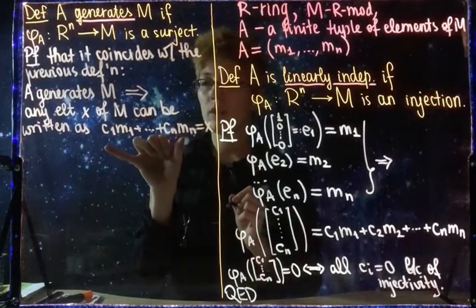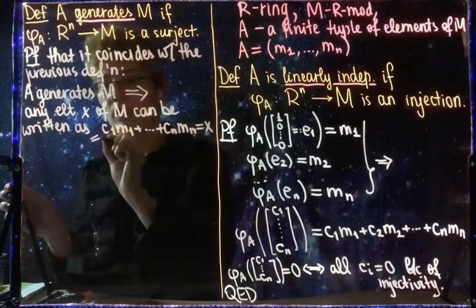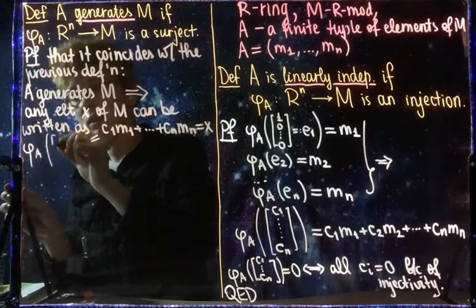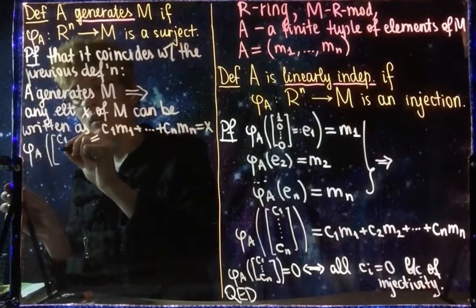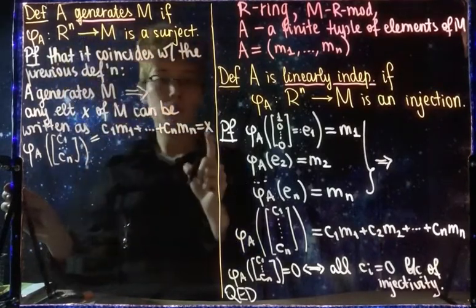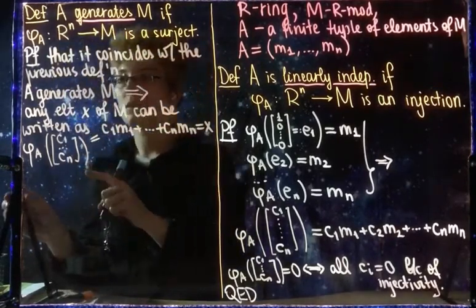But this is precisely where phi A sends the n-tuple of ci's, so x belongs to the image.